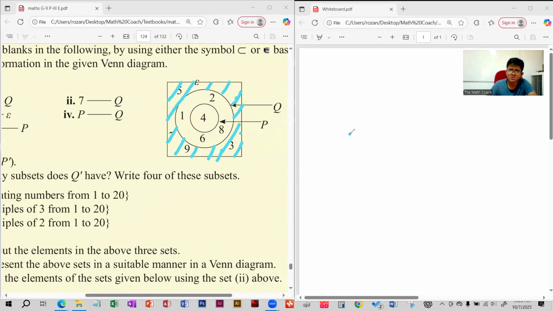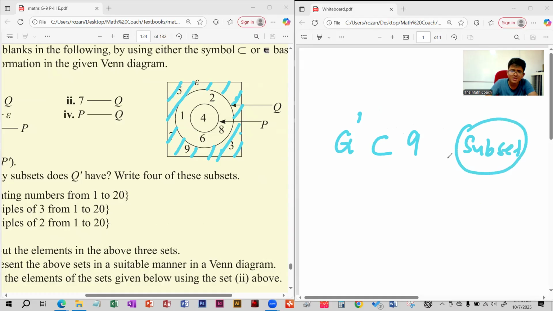The reason I'm saying this is because, let's say Q complement, and let's say 9. 9 is inside Q complement, right? So we write like this. In another sense, this is a subset scenario here. And it goes on for 7, 9, 3, and everything as well. If I erase this to make a bit of room, we have all of these subsets here. 7, 9, 3, 5 are all subsets of Q complement. This makes sense.